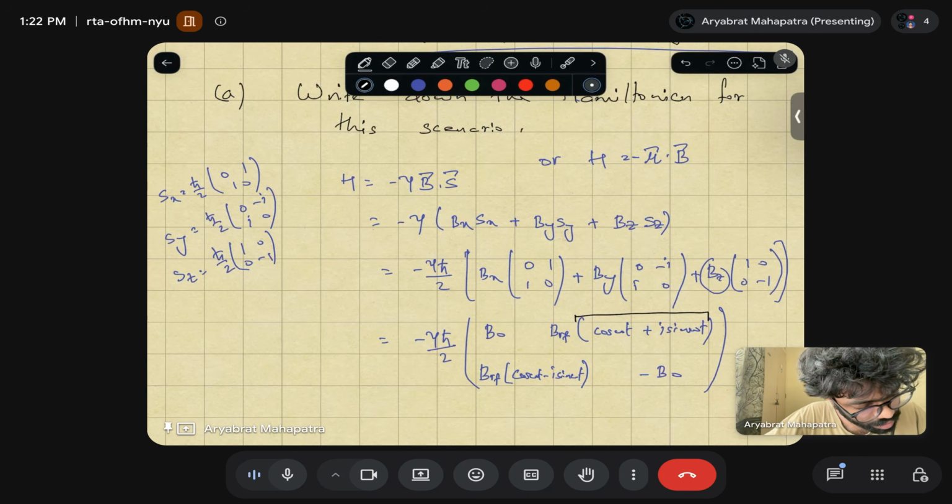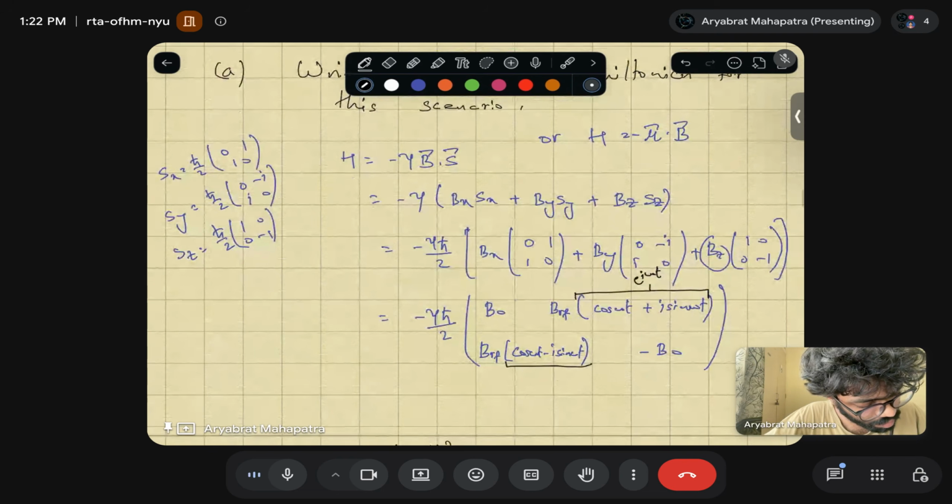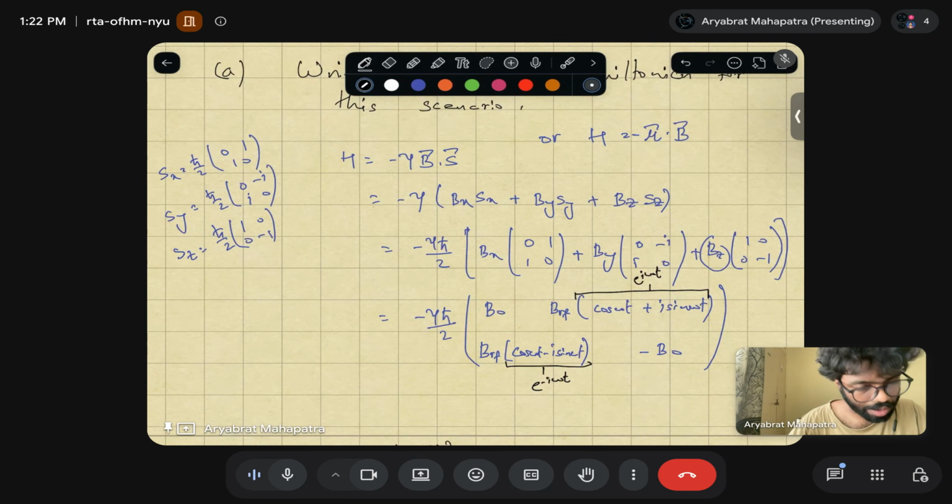You can write these as exponential i omega t and exponential minus i omega t. So this is your Hamiltonian.